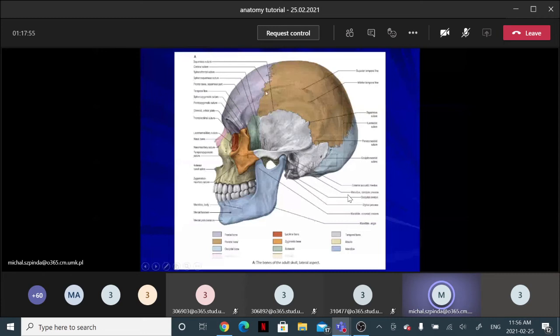In front, the superior temporal line is conspicuous but fades away in the posterior direction, so it's invisible here. Contrariwise, the inferior temporal line is very small here, but it becomes bigger and bigger.